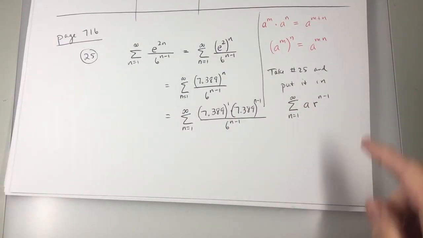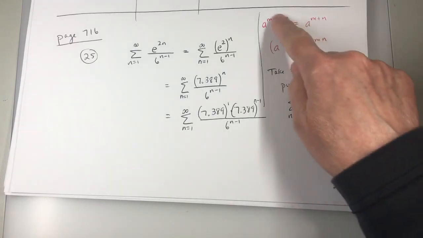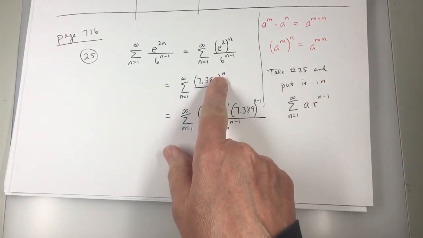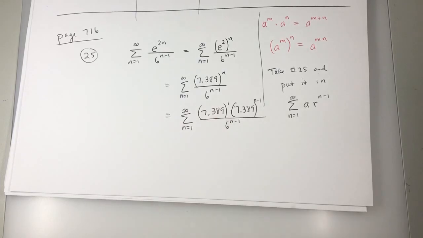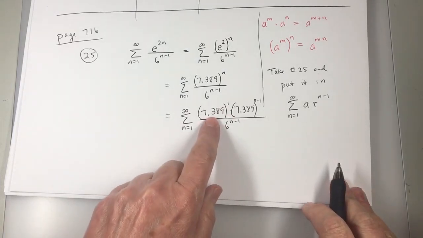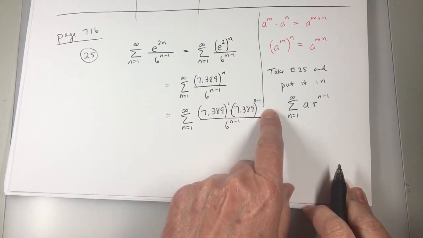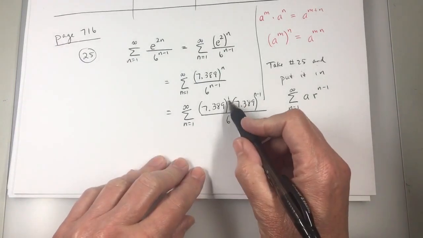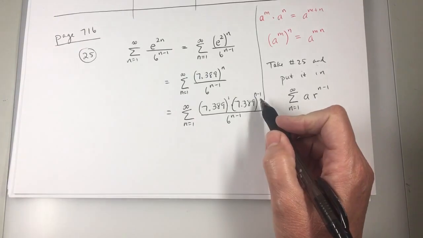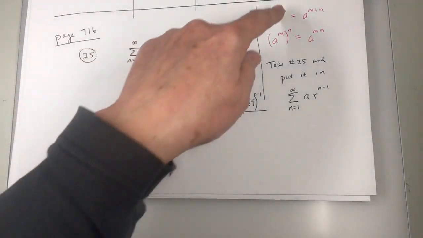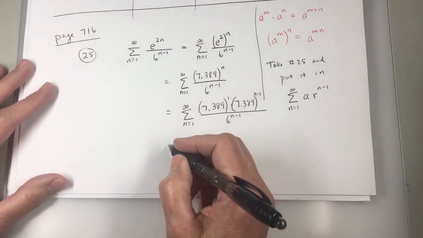Now I used this property a bit. I had to the power n, and I said, okay, if I do 7.389 to the first times 7.389 to the n minus 1, I would come back and add these exponents. There's the n, if I use this property of exponents.